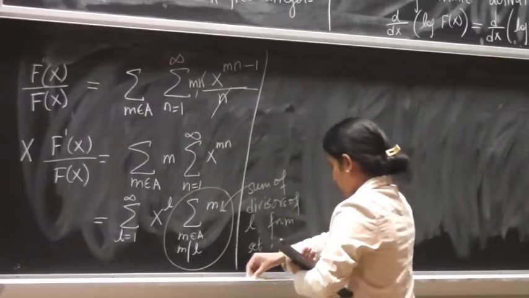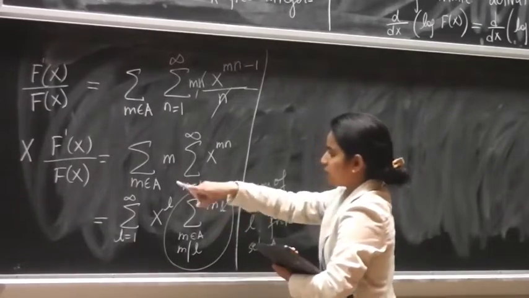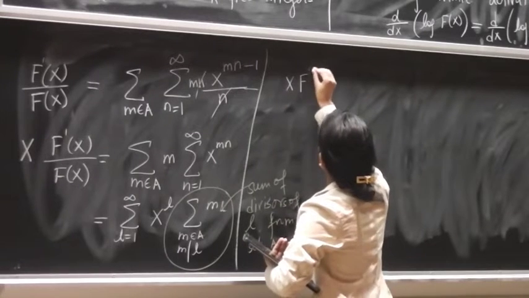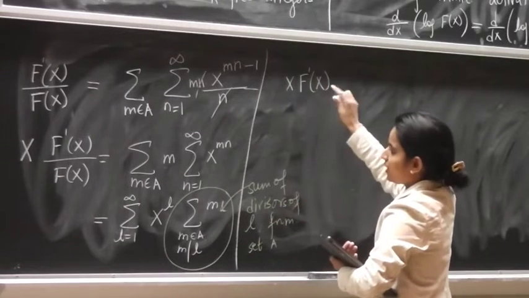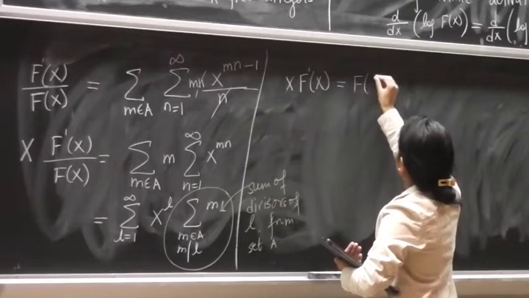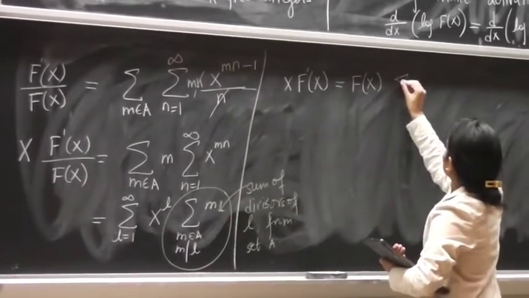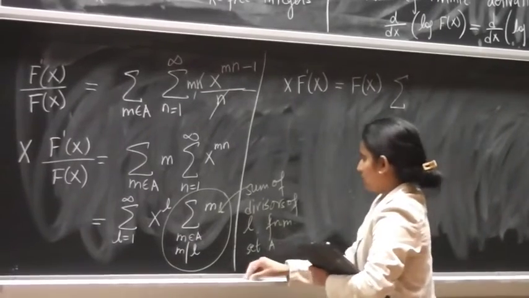Okay. So if I multiply by f of x both sides, then I get x f prime x equal to f of x, and this right hand side becomes summation. There is a notation for this.